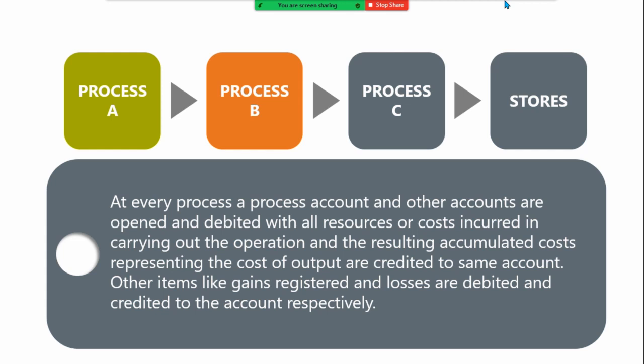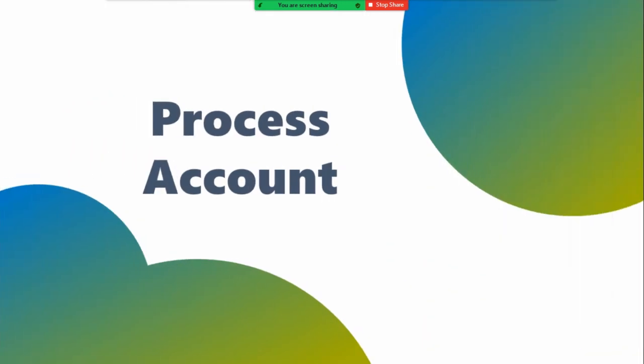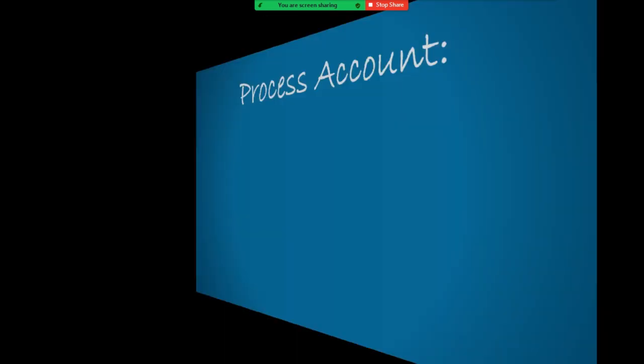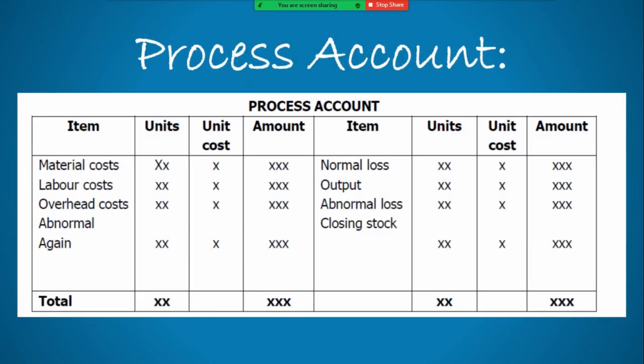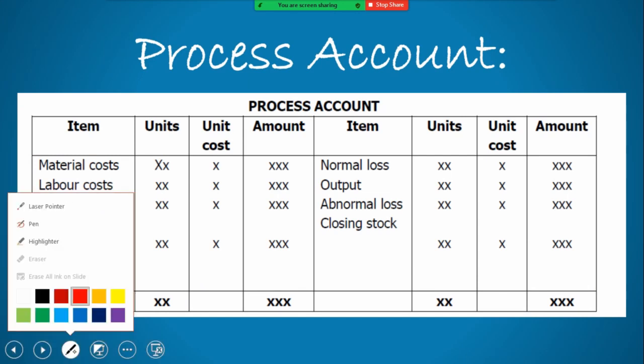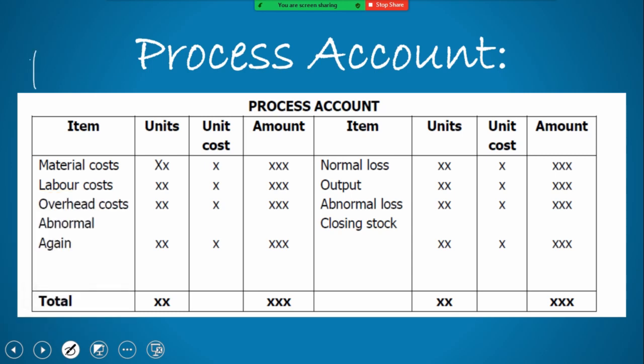We are going to see the format of the process account. Actually, that is our next slide, the process account. So typically, our process account will look like this. Of course, like any other account, it has the debit side and the credit side.